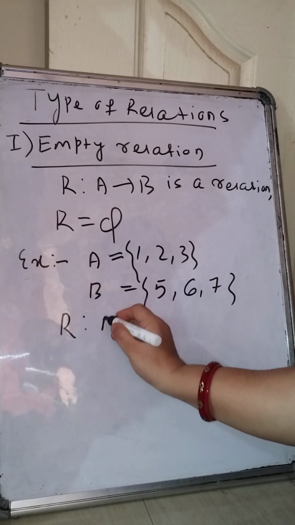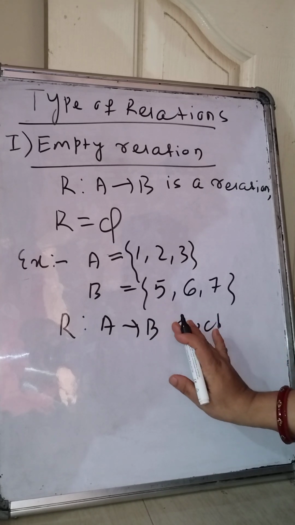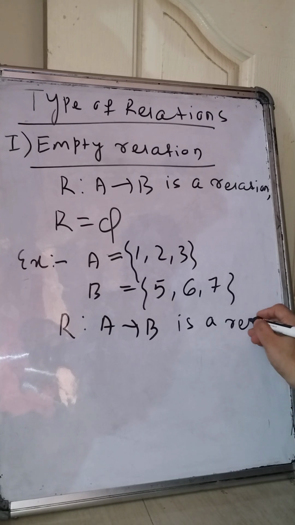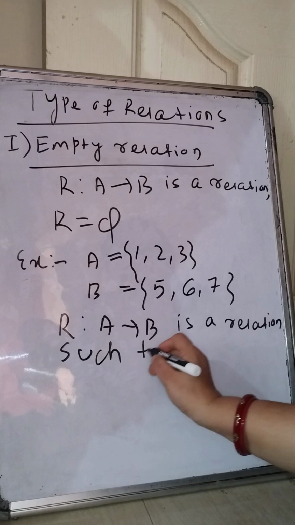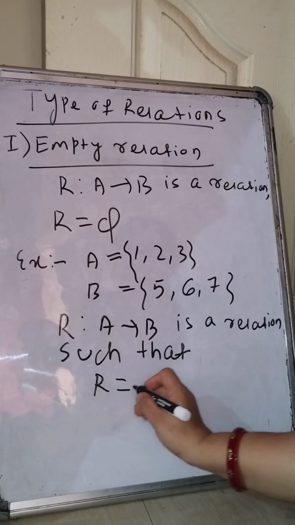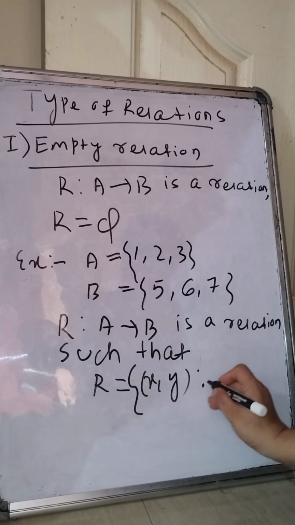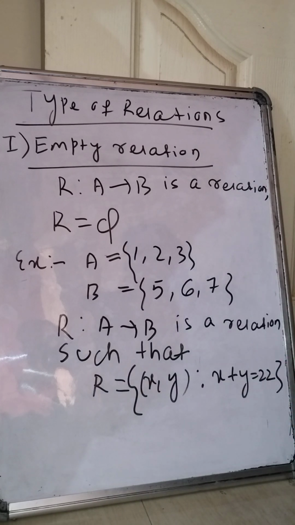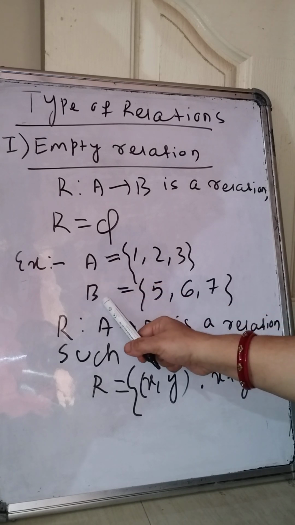Then we define a relation R from A to B such that R equals the collection of all those ordered pairs (x, y) such that x plus y equals 22. Now you see here, if you are finding all the ordered pairs of set A and set B, so what will they be?